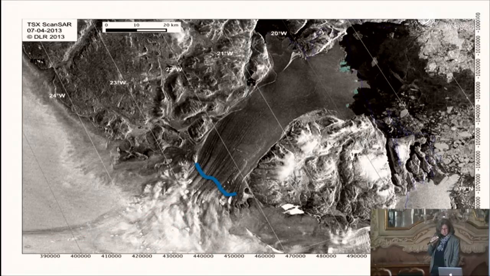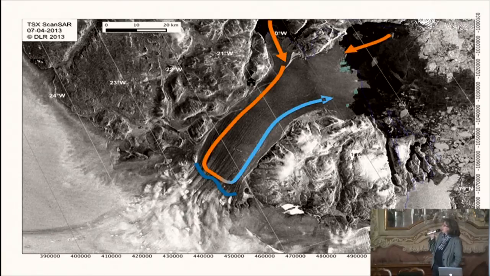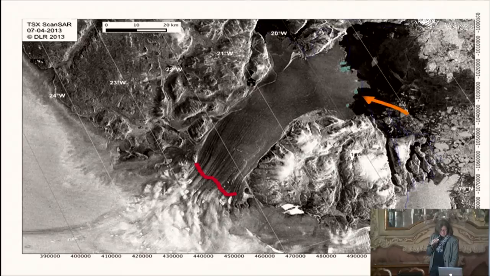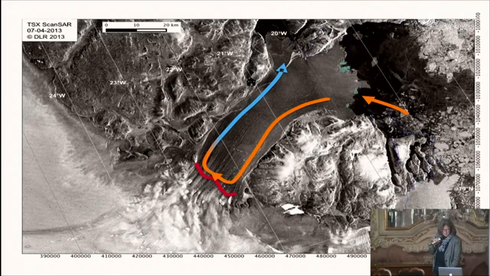One of the hypotheses is that the warm water would come from this direction or from that direction, and then make its way underneath this glacier tongue, start here at this area to melt the ice from the base, and by that cool down, and then exit in this direction. But there was a large question mark: is this really the direction the circulation goes? And just recently we understood that the way is different.